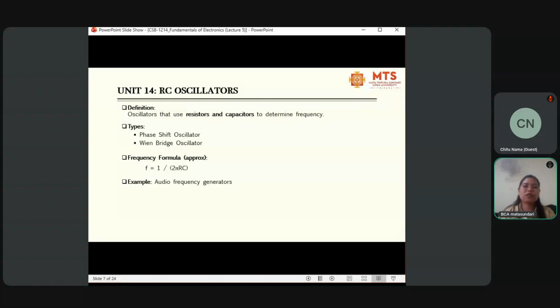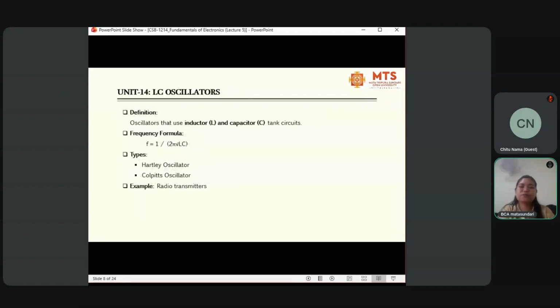This is the formula for RC oscillator frequency. An example is the audio frequency generator, which we saw in earlier days in radio systems. We don't see it, but it is used in the radio system.